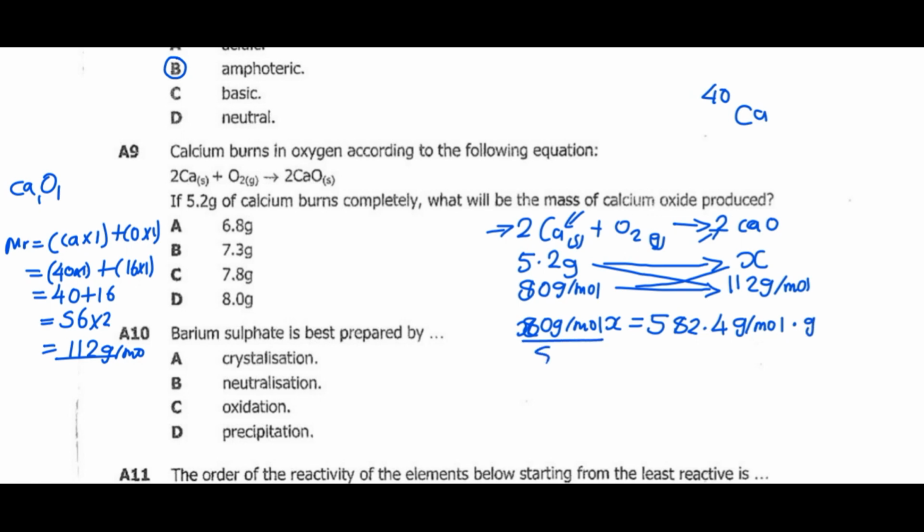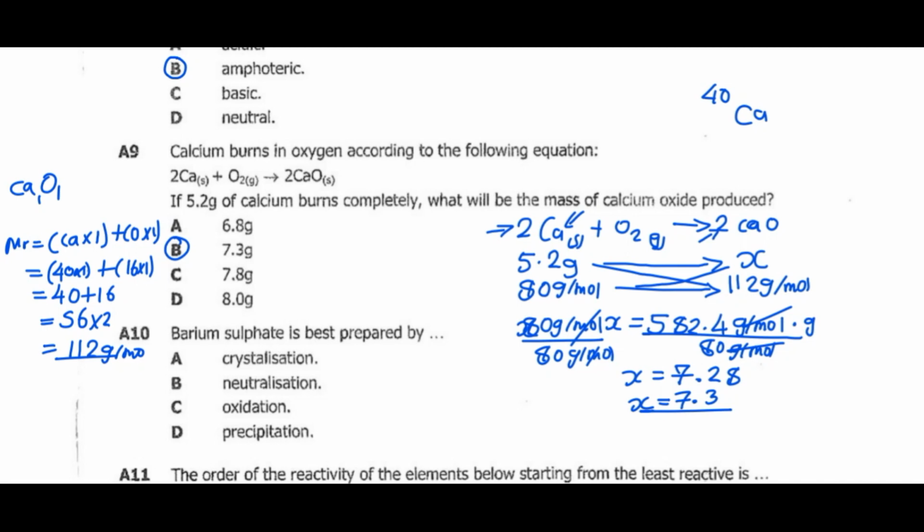So we can divide by 80 grams per mole, even here by the same, so that we can cancel this, we'll cancel this. So what is 582.4 divided by 80? So my final answer that I'm getting is 7.28. If I were to round it off, correct to one decimal place, I'm getting 7.3. So our answer here is just B.